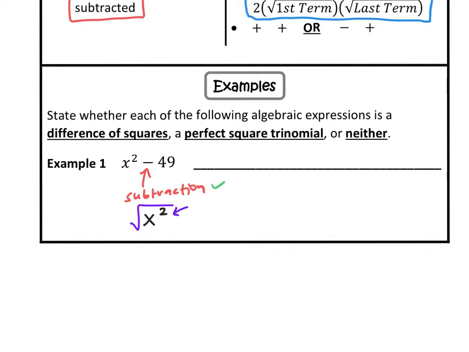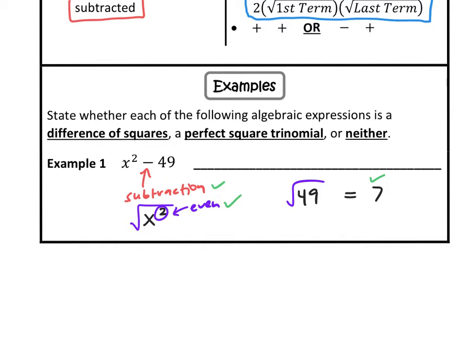Is this exponent even? Yes. And then, can I take the square root of 49 and get a whole number? Yes.